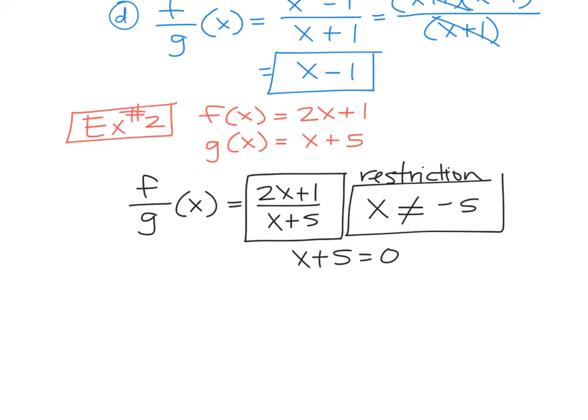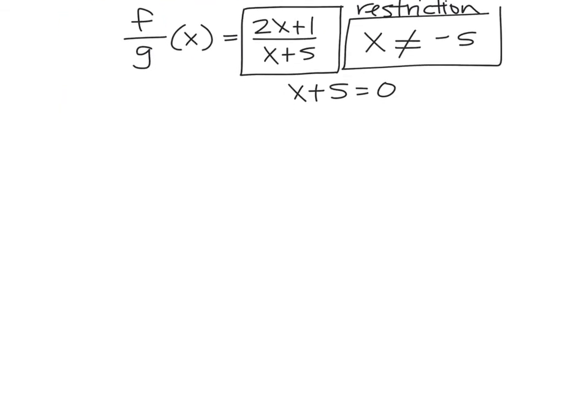Okay, now we're going to get a little fancier. We're going to do what's called a composition of functions. If you think back to geometry, you did composition of reflections in geometry. This is different, but same idea. A composition of functions is basically saying we're going to do two different functions together.